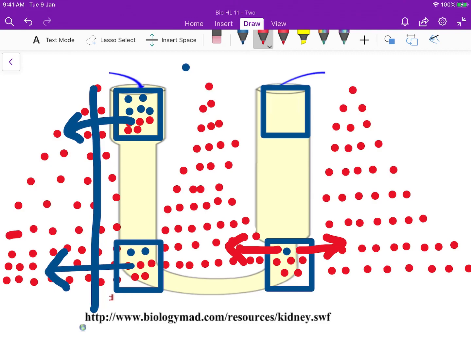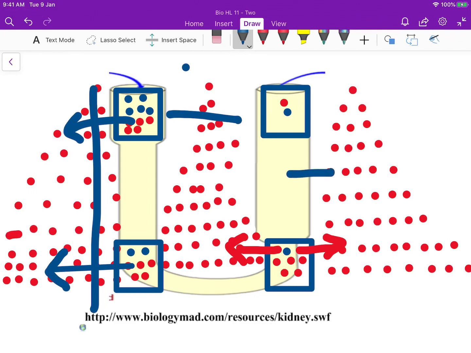And then by the top, if we think about relative concentrations, we would be back to having the same relative concentration that went in. So the ascending limb was impermeable to water, so the water stuck there.